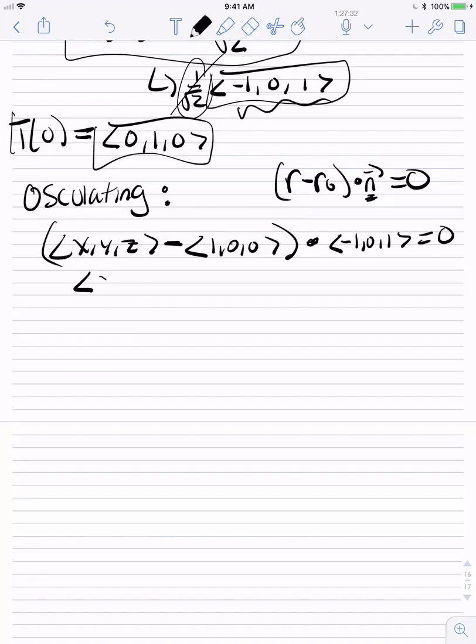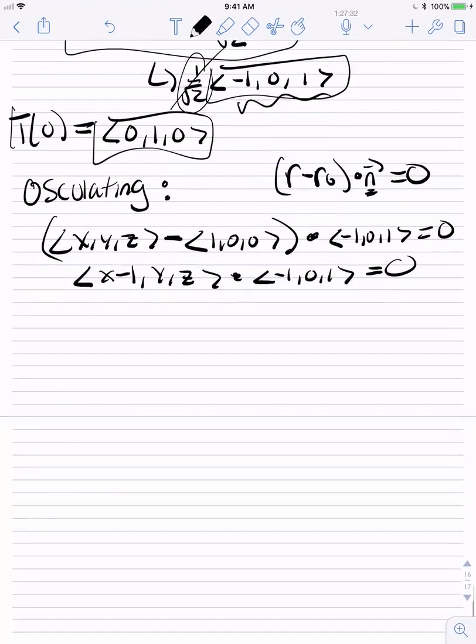So we can rewrite this as x minus 1, and then y and z, dotted with negative 1, 0, 1, equal to 0. Now we're doing the dot product. This will give us negative x plus 1.